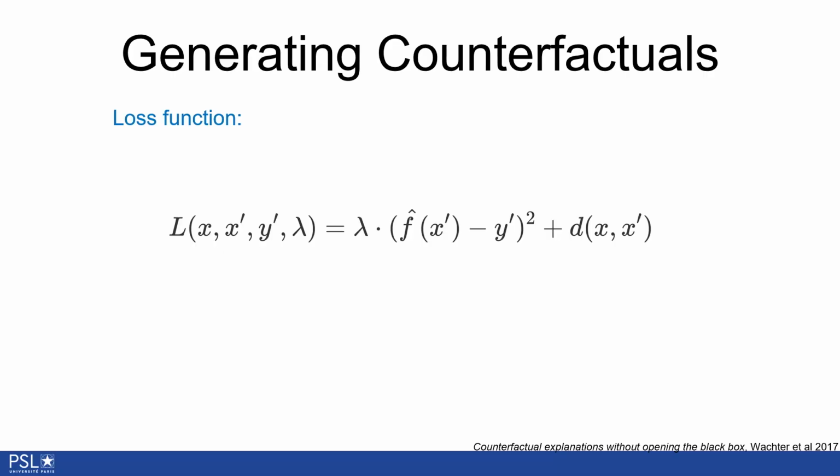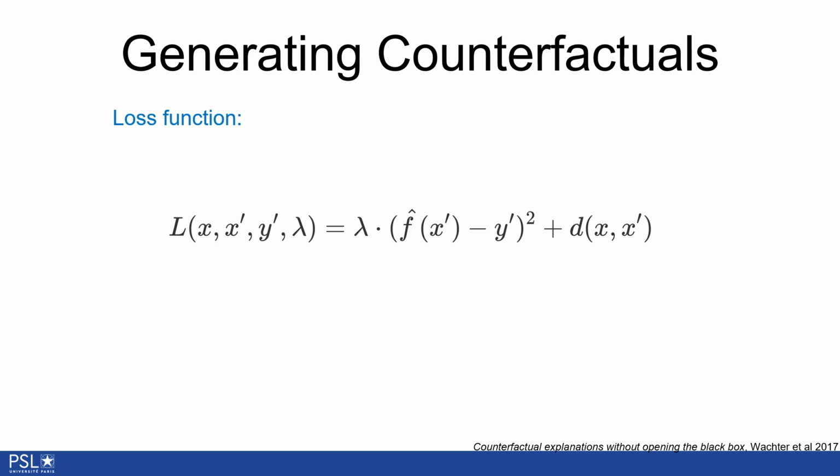The general approach is to write a loss function that encapsulates the goals and then generates counterfactuals by optimizing that loss function. Here we will cover only one example, an approach developed by Wachter and colleagues in a 2017 study entitled Counterfactual Explanations Without Opening the Black Box. In this study, the authors proposed the loss function written here.